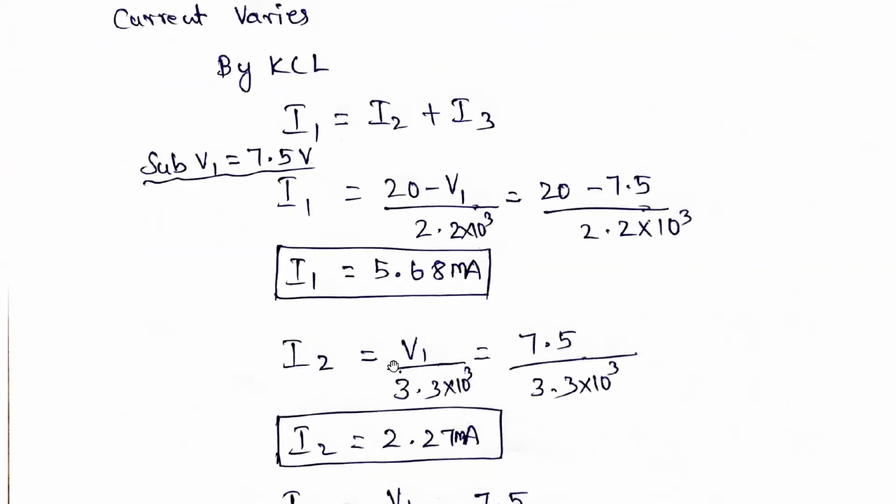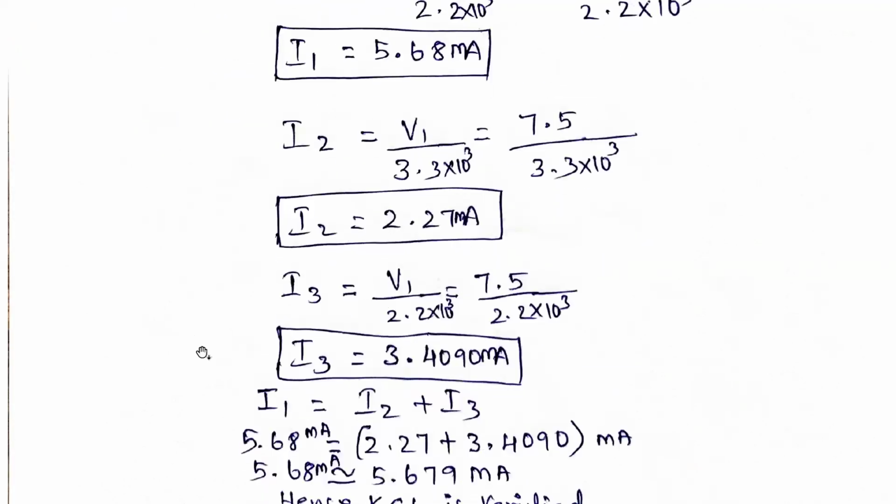Similarly, I2 is V1 divided by 3.3 into 10 to the power of 3, which is 2.27 milliamps. Similarly, I3 is 7.5 divided by 2.2 into 10 to the power of 3, that is 3.4090 milliamperes.